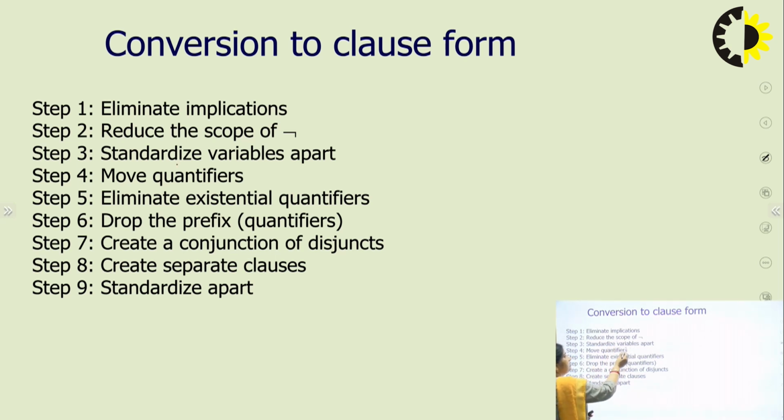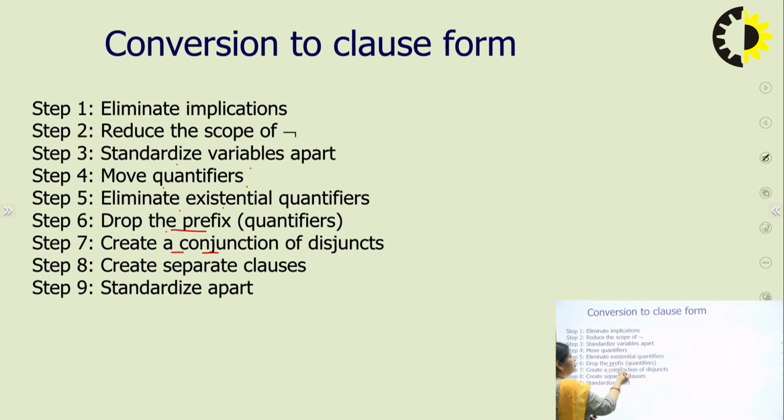We will standardize the variables apart if the same name variables are used. Then we will move quantifiers to the left. Then we will do skolemization to eliminate the existential quantifiers. After doing that, we are left with only universal quantifiers, so we will drop all the prefixes, which are the universal quantifiers.